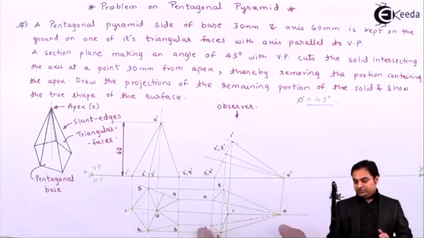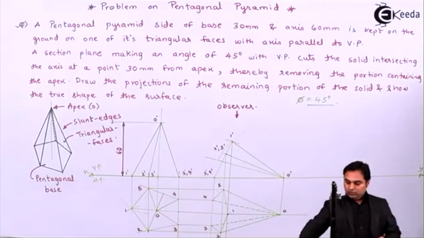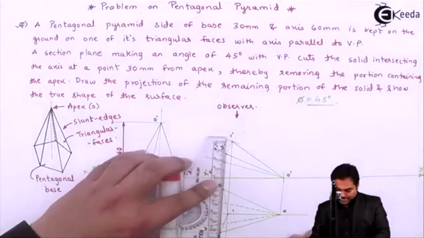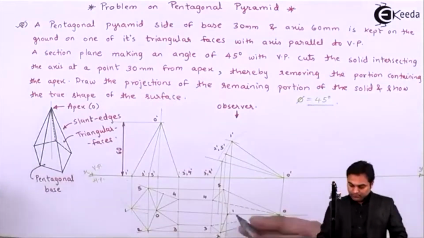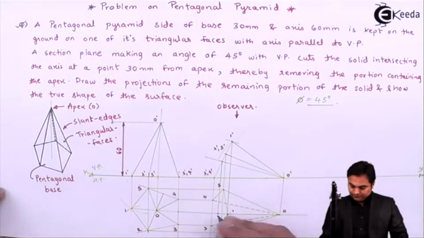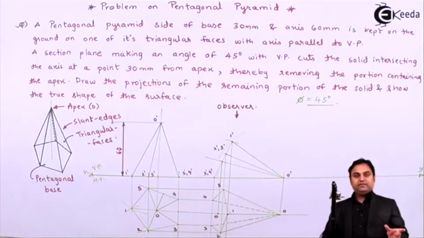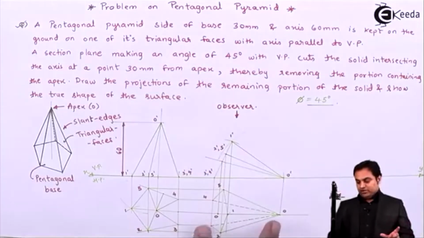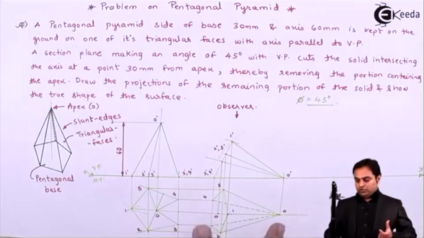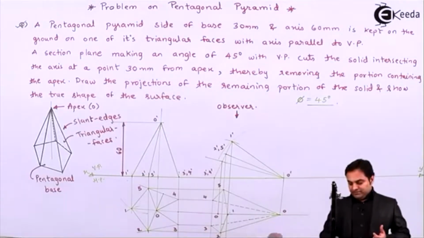But when I am projecting the top view, now if I see here, this is point O. So from O to O, now this is a straight line. In the front view, it is an inclined line of 60 mm. Now in the top view, it has become a straight line. So length has changed. It means the length which we are getting in the top view is not the true length.